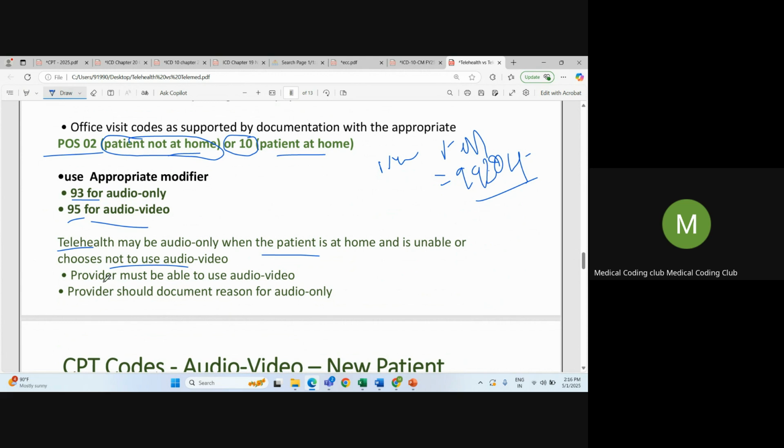On the provider side, if he is saying audio plus video, then he should have that record that he has used both methods, audio and video. But for the patient end, if the patient is willing to talk but not willing to switch to video, then it is up to that patient, but the documentation should come in the medical record. So that's what the provider should document: a reason for audio only.